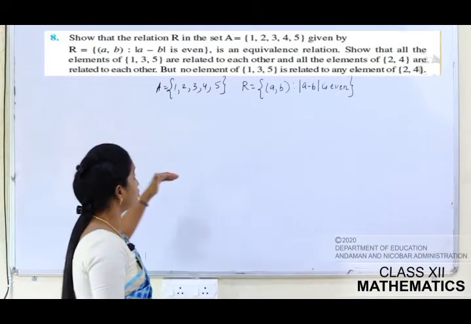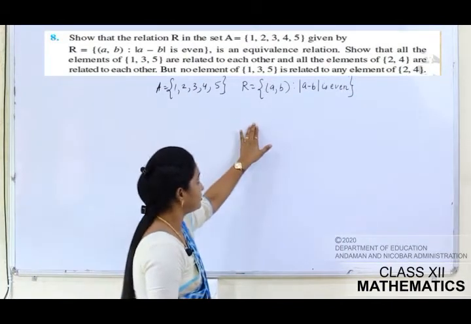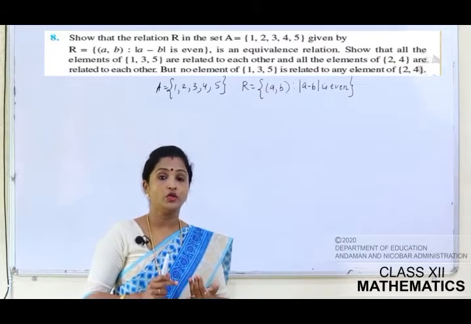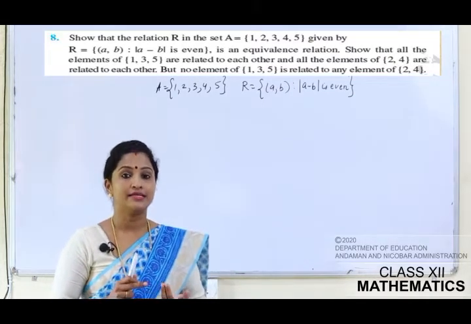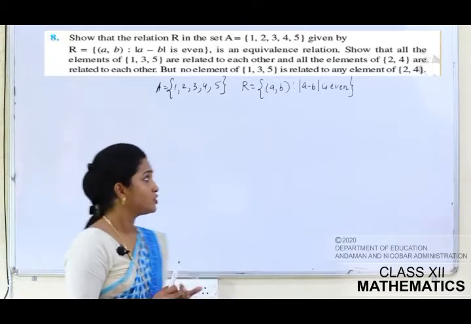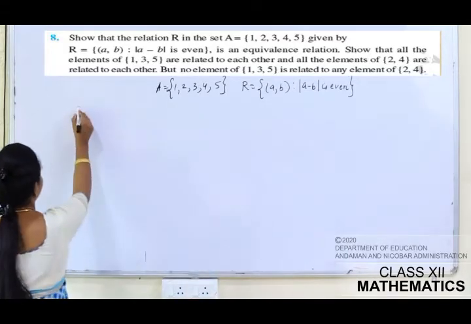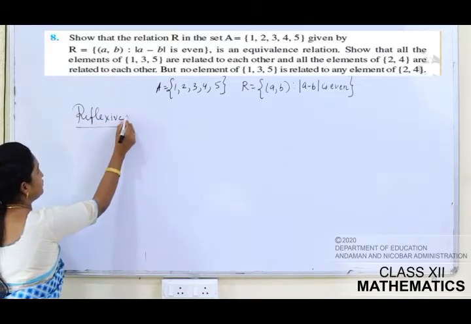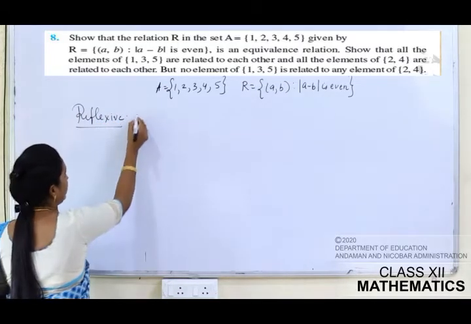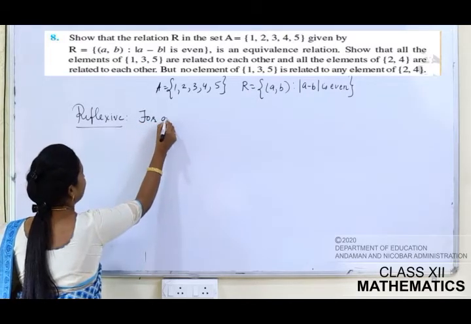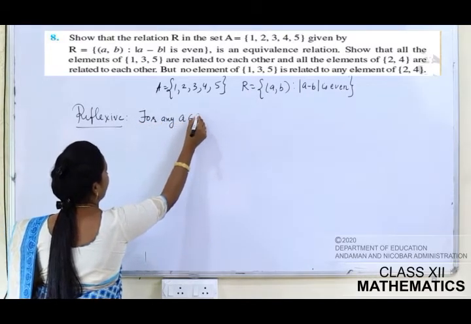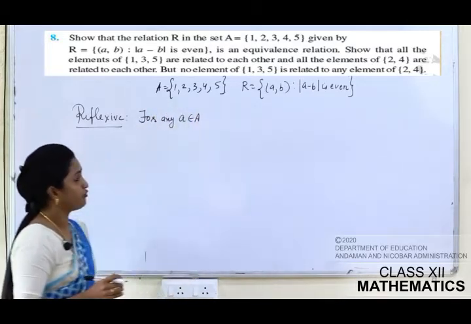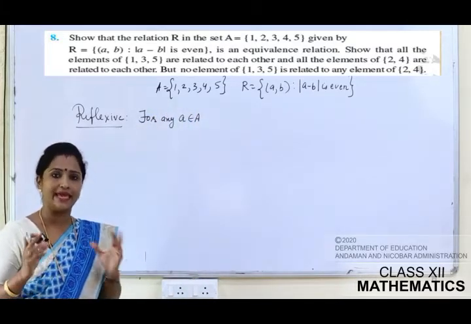Now let's see how to solve this question. You have to show that this relation is an equivalence relation. So what do you have to show? You have to show R is reflexive, symmetric and transitive. Let's see how to prove it to be reflexive. Although A is given as 1, 2, 3, 4, 5, we will take a general element.